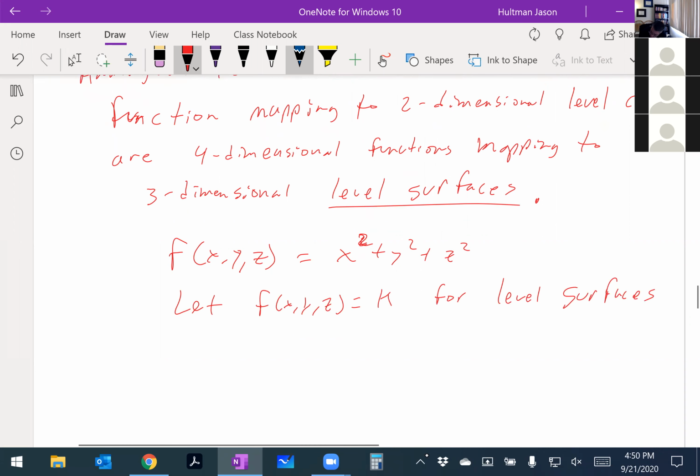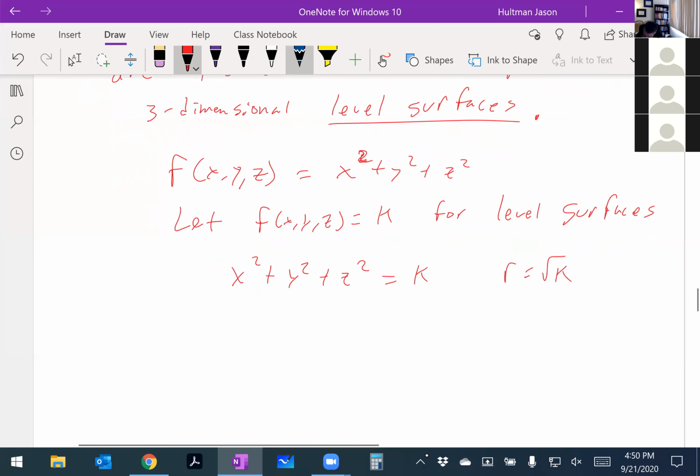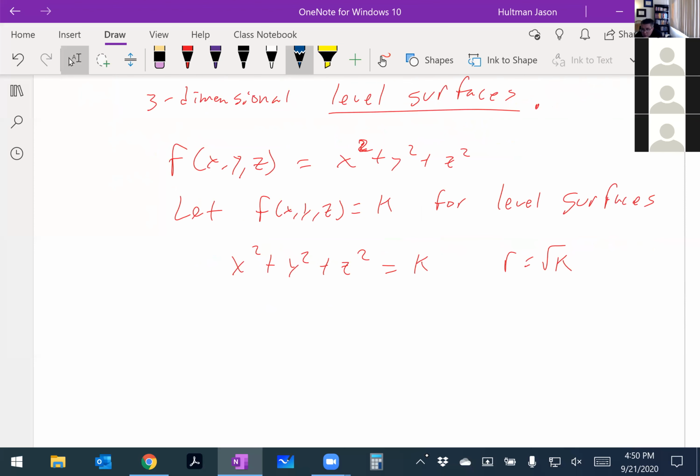What's that going to do? This gives me level surfaces where r is equal to radical k. So these are spheres of radius radical k.